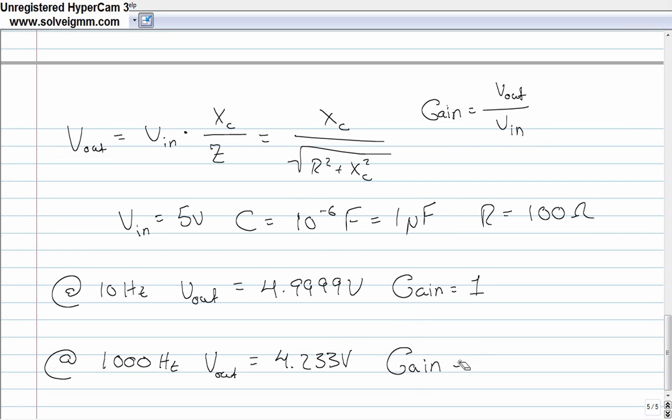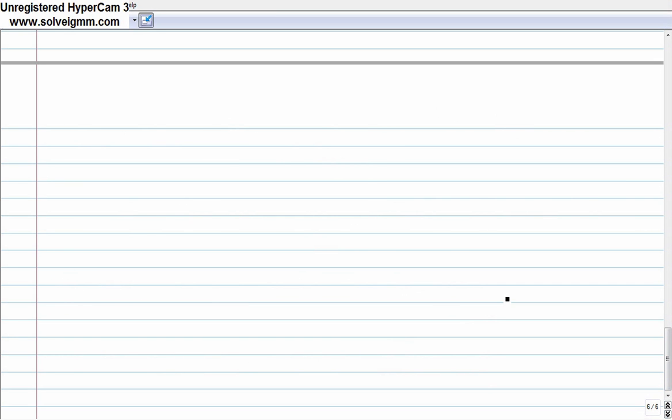I didn't actually do the math out, and I apologize for that. A gain of 1 means that the input voltage is exactly the same as the output voltage. A gain of less than 1 means you're getting less out than you put in. So it's successfully reduced the amplitude of higher frequencies, thus demonstrating the effect of a low-pass filter.